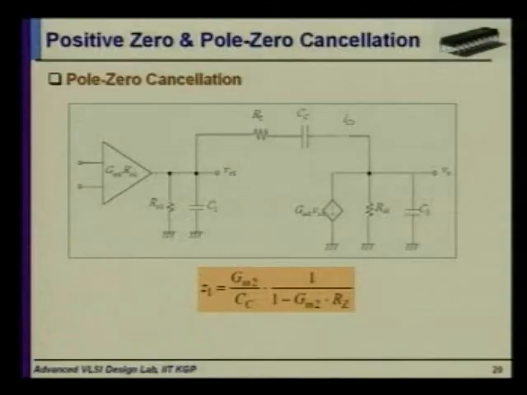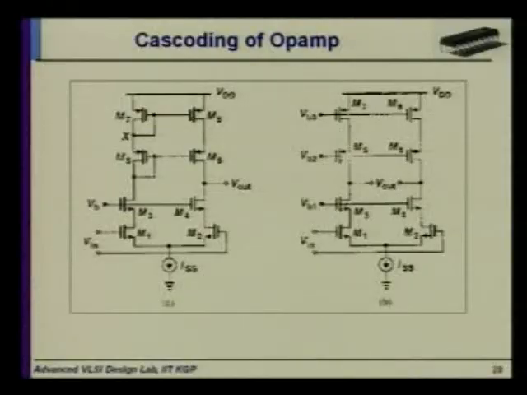Okay, so this is the portion here. The slew rate has become like this. Now I am giving you a simple overall idea of cascading of op-amps.